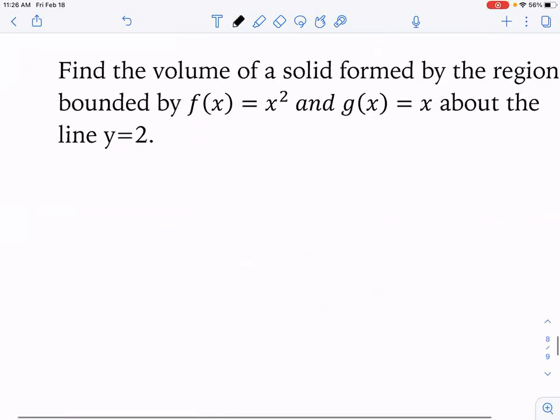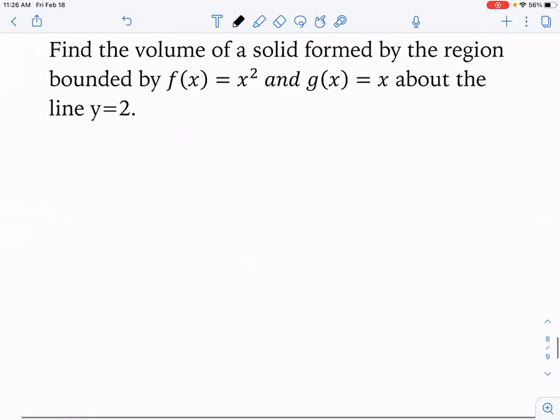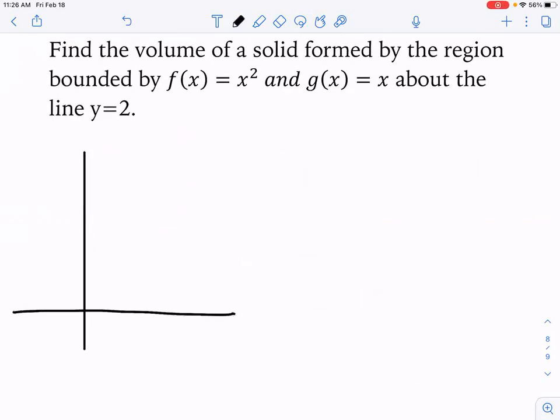All right. This is a very important example. What's different? It's not about the x-axis anymore.